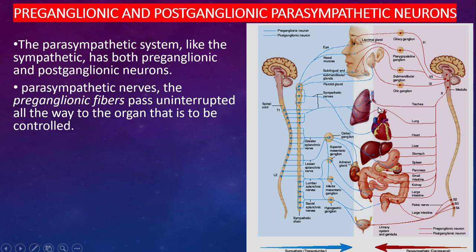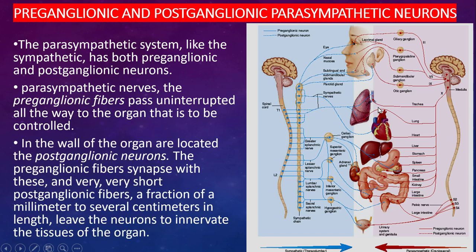In the wall of the organ are located the postganglionic neurons, on the surface of the organ. The preganglionic fibers synapse with these, and very short postganglionic fibers, a fraction of a millimeter to several centimeters in length, leave the neurons to innervate the organ.